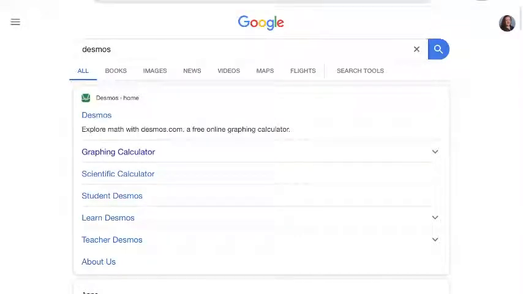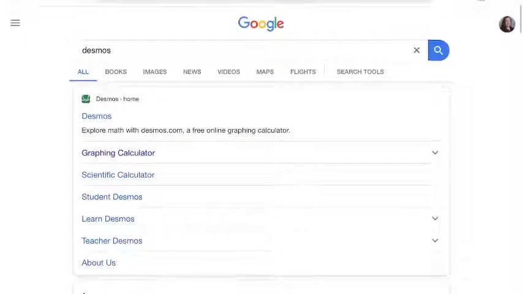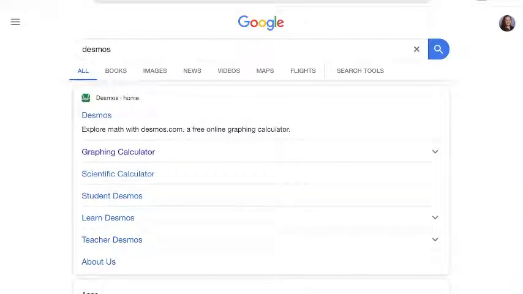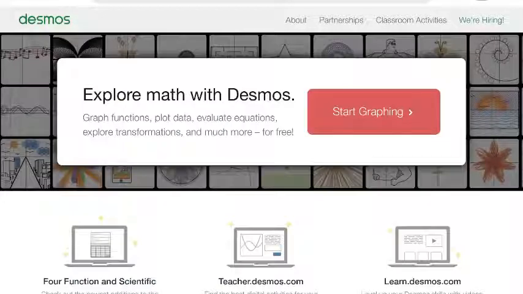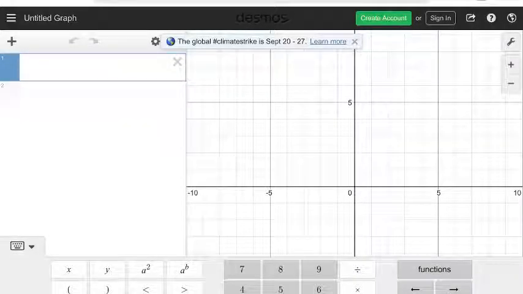The very first one. For this one, it's not going to say the free Beautiful Math or Beautiful Math free, but it's still the very first one. You hit start graphing, and you will be able to use this tomorrow on the test.